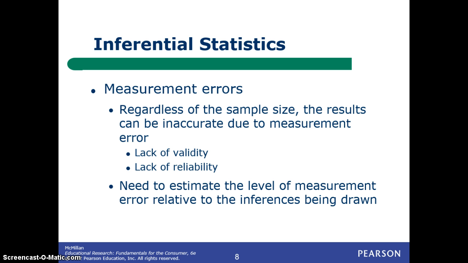And if we are unable to demonstrate validity and reliability, we really have a difficult time making any sort of suggestion of generalizability. Lack of validity and lack of reliability are a couple of key flaws that really stop a research study in its tracks.